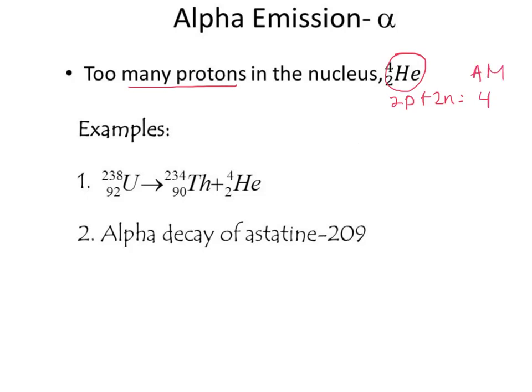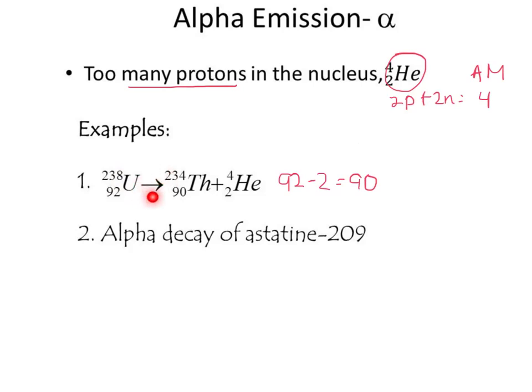Now, when you are doing examples and you're trying to write a chemical equation for this, you start off, for example, with uranium-238, and it has an atomic number of 92, which means it has 92 protons, and if it goes through alpha decay, it loses 2 protons, and you end up with 90 protons. Since it has 90 protons, it's no longer going to be uranium.